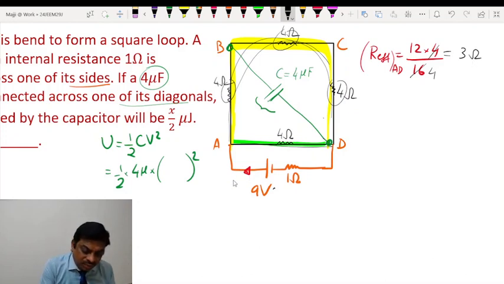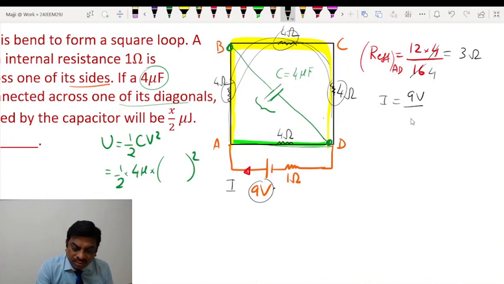So the current drawn from the cell will be 9 by 3. Suppose I is the main current drawn by the cell, it will be 9 volt upon 12 into 4 upon 12 plus 4. So 9 by 3, that is, it will be 3 ampere.